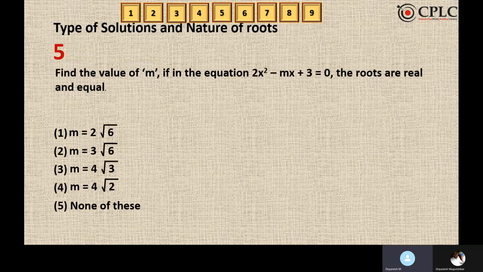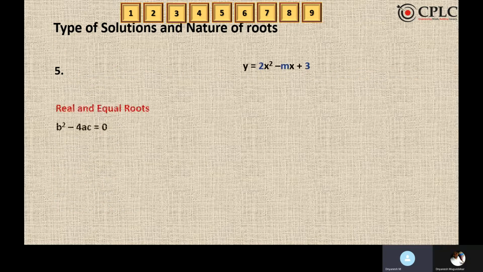Fifth one: find the value of m if the equation 2x square minus mx plus 3 is equal to 0 has roots that are real and equal. So if you remember, the condition for roots being real and equal was that the value of delta is equal to 0, and delta is b square minus 4ac. When you compare your original quadratic equation with the standard form, you will get the values of a, b, c.